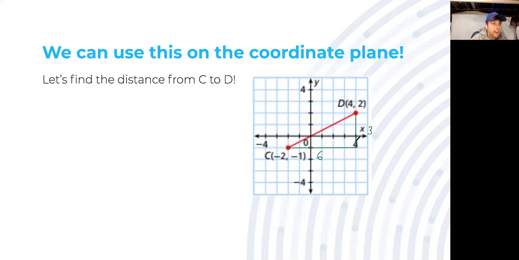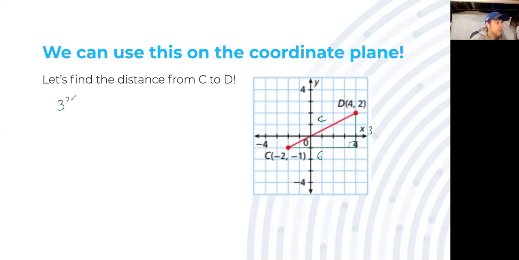So now I have a little Pythagorean theorem problem. Instead of just counting along the diagonal, which is not accurate, I've created a right triangle that I can use my Pythagorean theorem for. Now, it's important to note this distance is our hypotenuse. It's across from the right angle. So when we set it up, we want to make sure that our unknown is the hypotenuse.